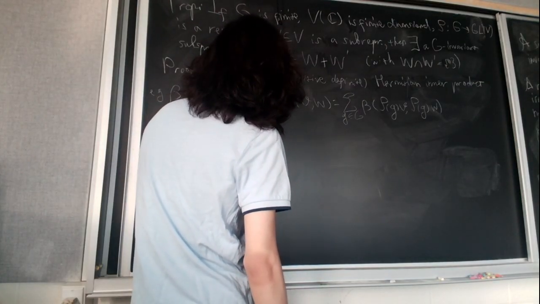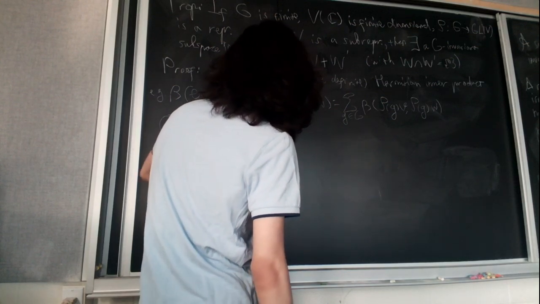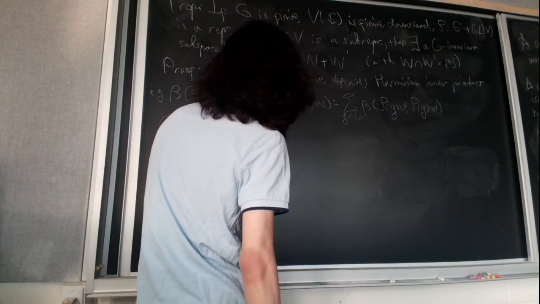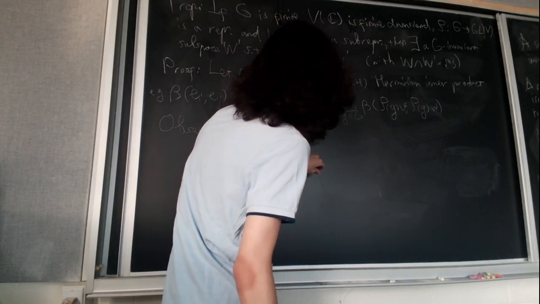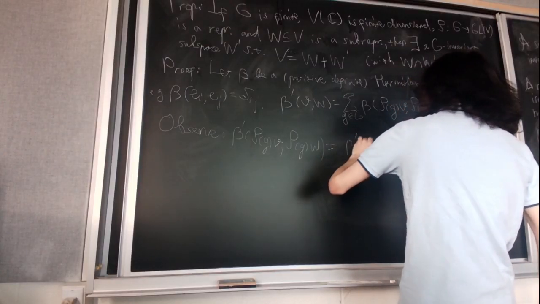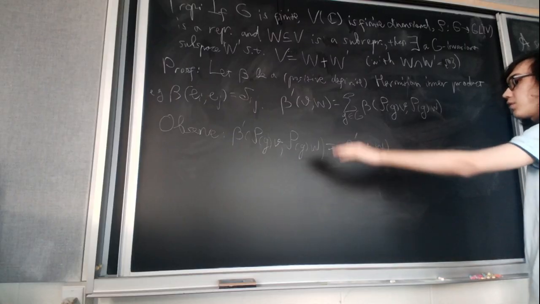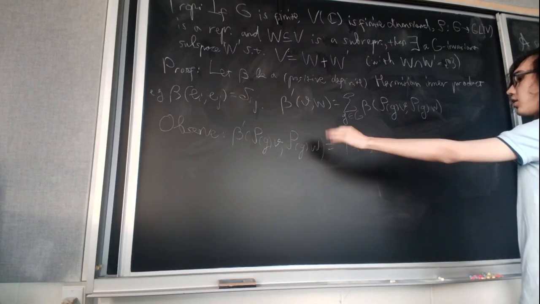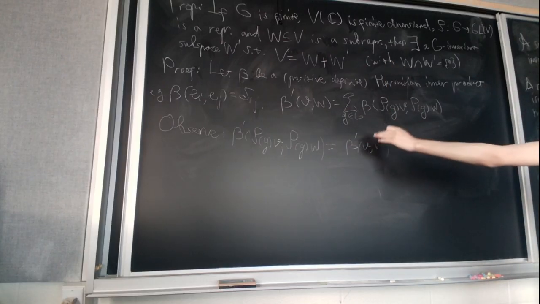Second of all, if I act on both v and w with g, that is not going to do anything to my inner product. So beta prime of g acting on v and g acting on w is the same as beta prime of v and w.